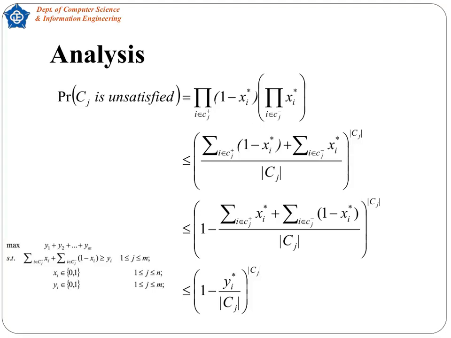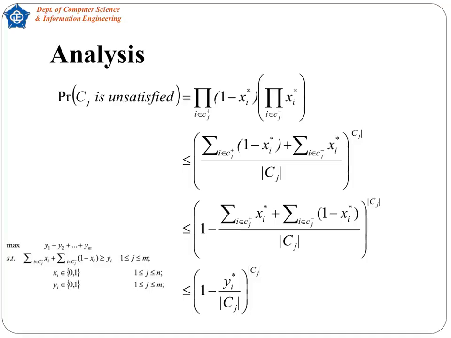Next, recall the LP constraint that ties these x values to y_j*: the sum over i in C_j^+ of x_i* plus the sum over i in C_j^- of (1 - x_i*) is greater than or equal to y_j*.